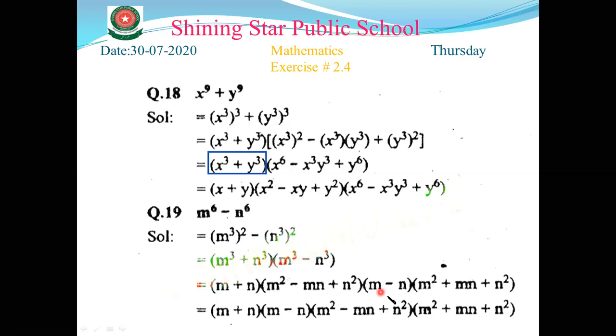For a cube minus b cube, it is a minus b, a square plus ab plus b square according to this formula. In our next step, we arrange them. First we write m plus n, then m minus n, then m square minus mn plus n square, and then this bracket. So simple, which is your required answer.